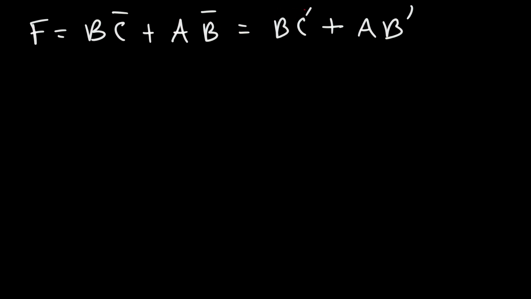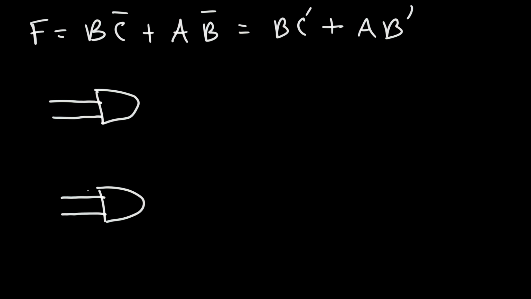So we need an AND gate to connect B and C prime. So let's start with that. And we need another AND gate to connect A and B prime. So this is going to be B and C prime, and here we have A and B prime.